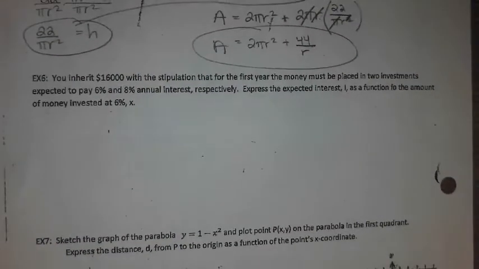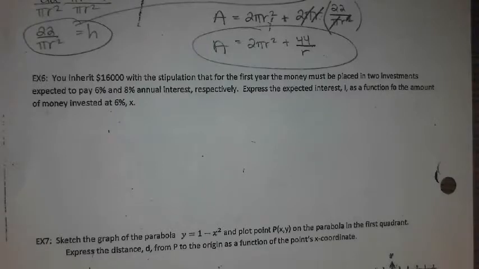Okay. We inherit $16,000 with the stipulation that for the first year, the money must be placed in 2 investments expected to pay 6% and 8% annual interest respectively. So the first account's paying 6%. Second account's paying 8%.